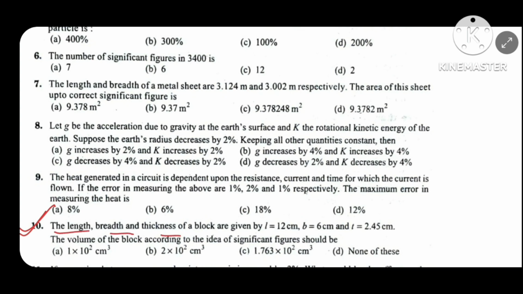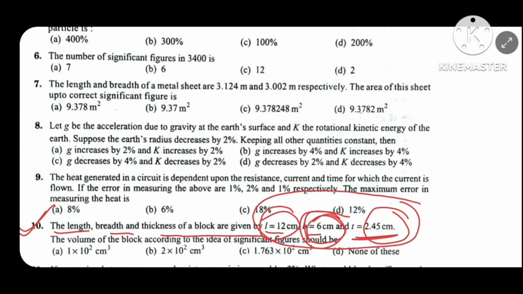Length, breadth and thickness of a block are given here: 12, 6 and 2.45. Now we have to calculate the volume. Look at this, length has two significant figures, breadth has one significant figure, and thickness, 2.45, has three significant figures. So the volume has only one significant figure.